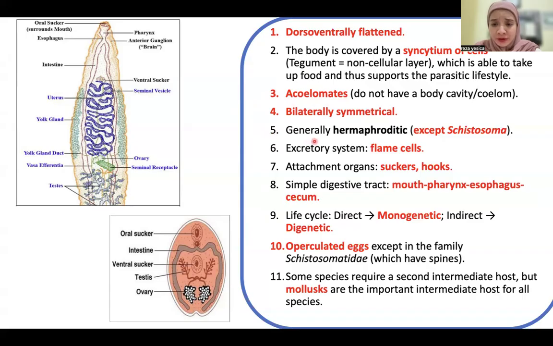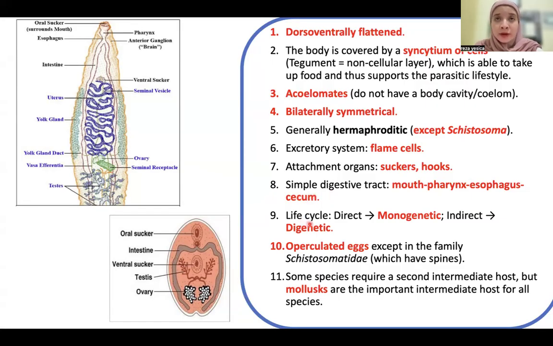Also generally they are hermaphroditic, except Schistosoma, and for excretory systems, they have flame cells. Also they have attachment organs such as suckers or hooks. Hooks are in the skin, like a tegument. And also they have a simple digestive tract, starting with the mouth, pharynx, esophagus, and cecum.